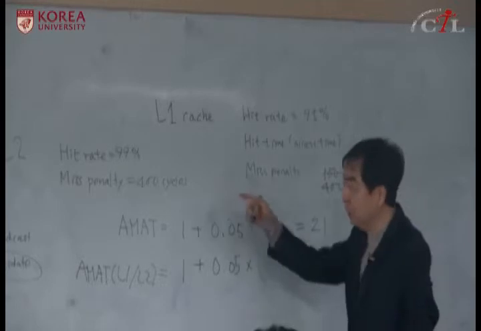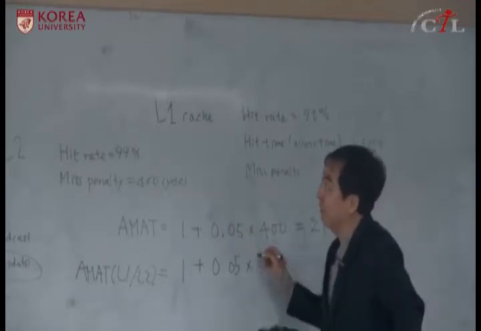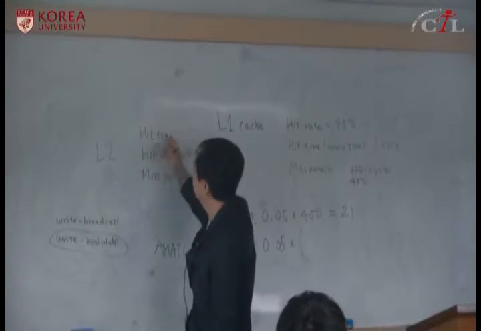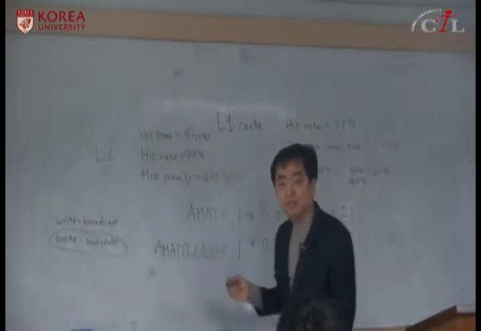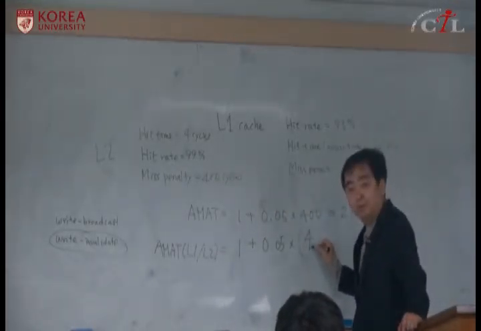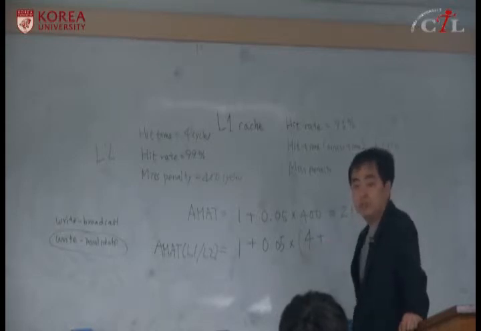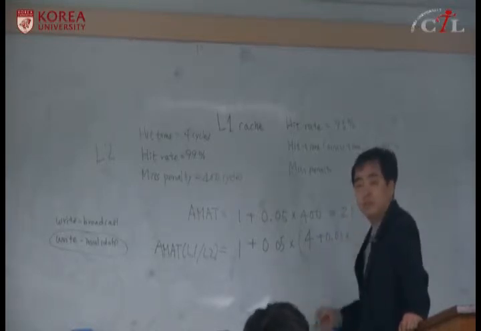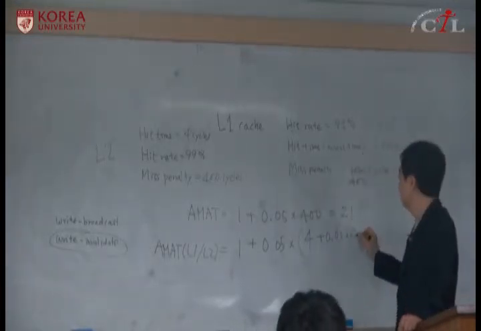You have to look up L2. L2 hit time is bigger, let's say 4 cycles. So first the L2 hit time, 4, plus the miss rate, 0.01, times the miss penalty, 400.